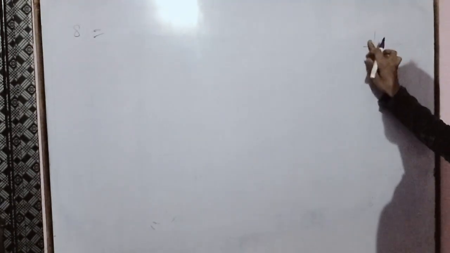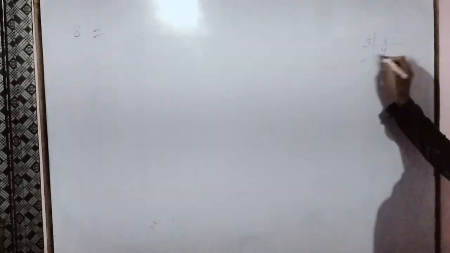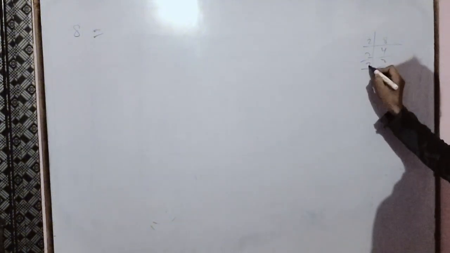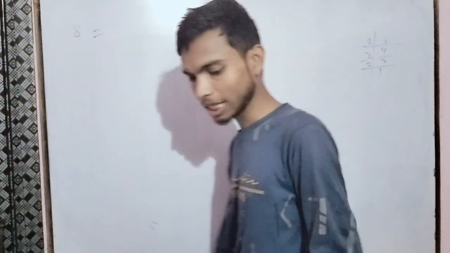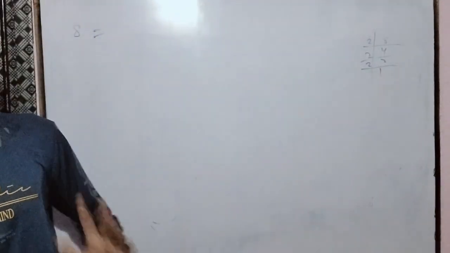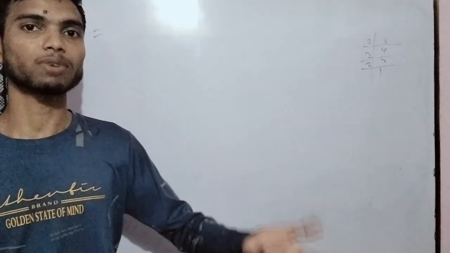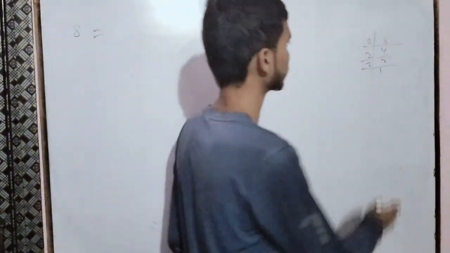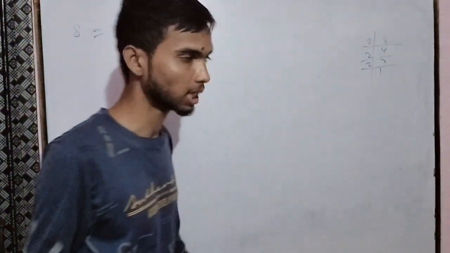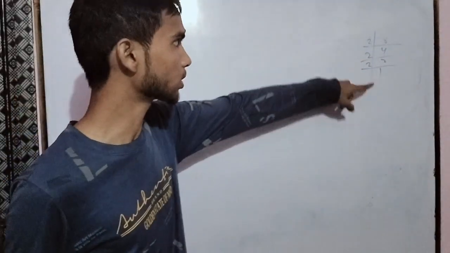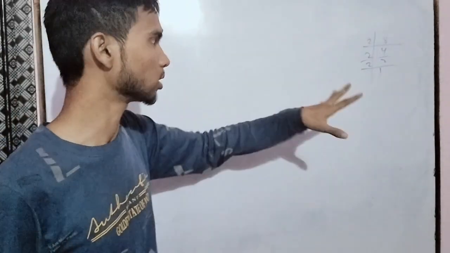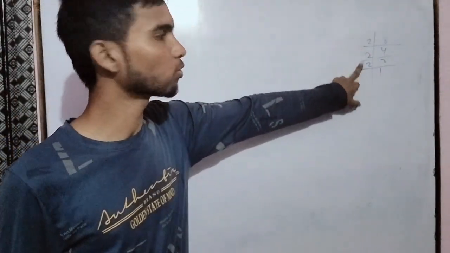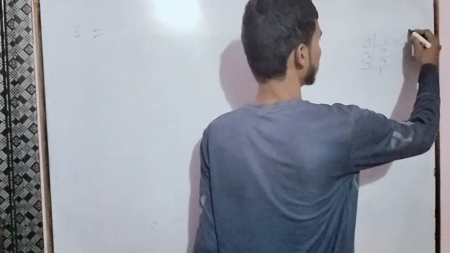So for 8, 2 4s are 8, 2 2s are 4, 2 1s are 2. That's how you factor. You can even check it by multiplying all the outputs: 2 2s are 4, 4 2s are 8. So this is the number 8.